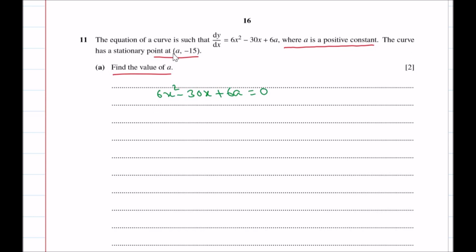And here the stationary point is given as a, minus 15. So now put x equal to a. So what will you get? 6a square minus 30a plus 6a is equal to 0.